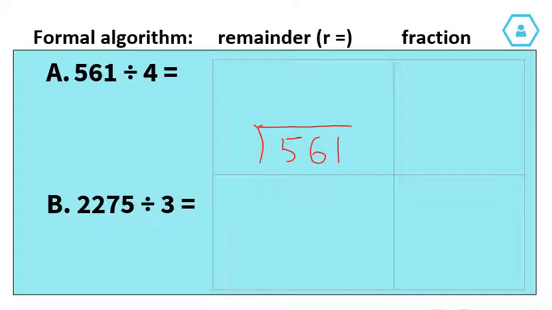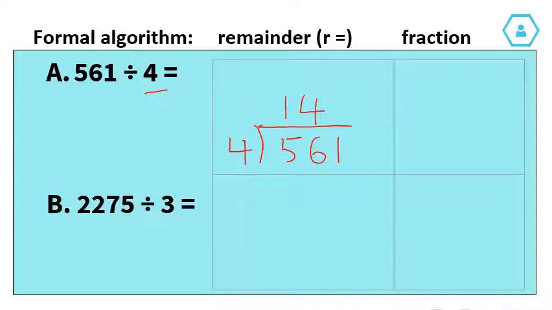And then the divisor, which is 4, goes here. 5 divided by 4 is 1, and I have 1 left over. So I'm going to put it down here to make 16. 16 divided by 4 is 4.